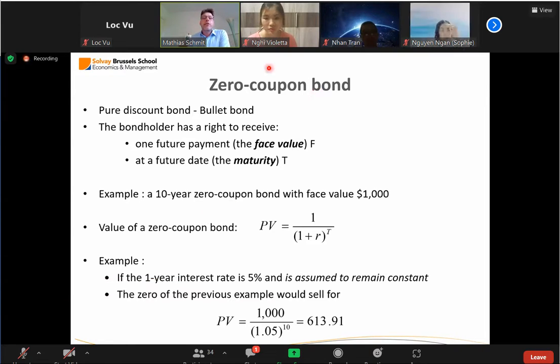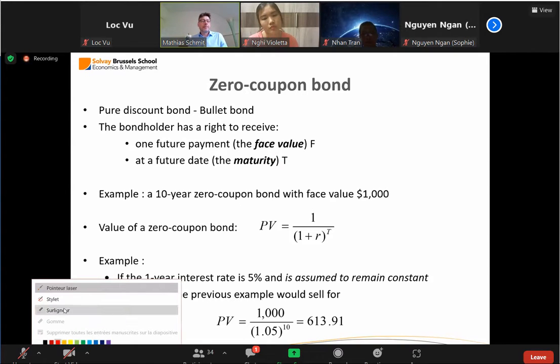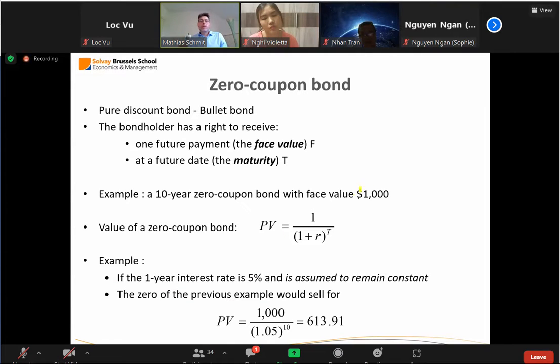So a zero coupon bond, what is it? It's a bond that does not pay any coupon during the whole life of the asset. You receive the whole money at the end. Let's assume you have a face value of 1,000. What is the value today?